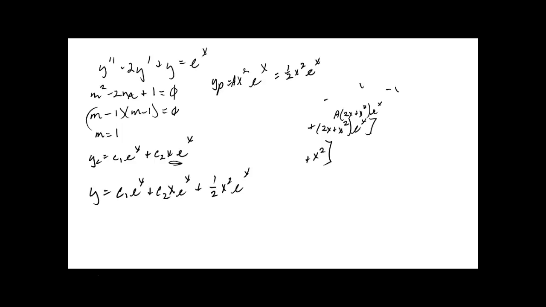And that's what we just saw. The complementary solution had an e to the x and an x e to the x, so we needed to take care of that. Since our general solution was also e to the x, we needed an x squared e to the x, and we got it. So let's do example 8.